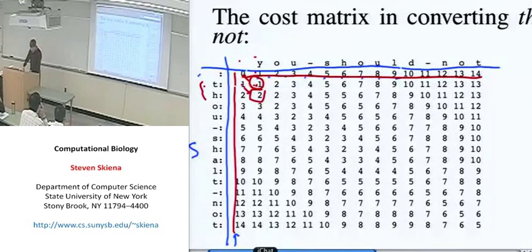Or I could have taken the cost of editing a T into a Y and then pay the cost of adding the h. That would also be 1 plus 1. Does everybody see that? Or I could take the cost of editing TH to a blank and then add a Y to the other string. That would be 3. Okay?